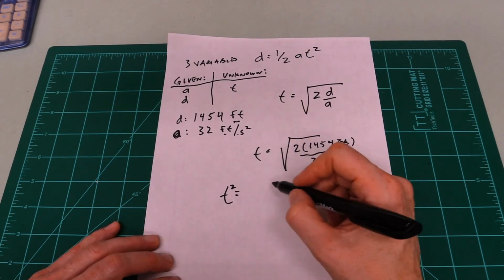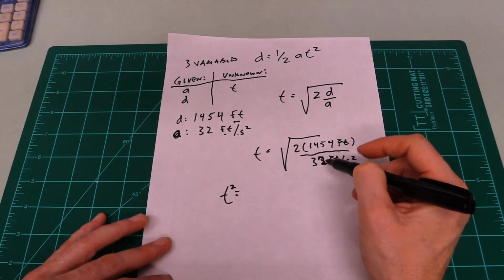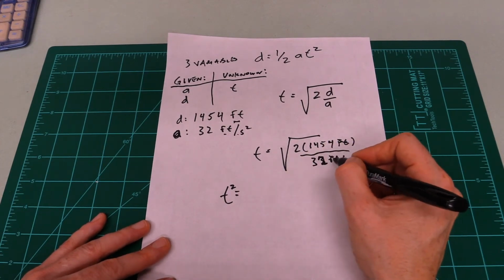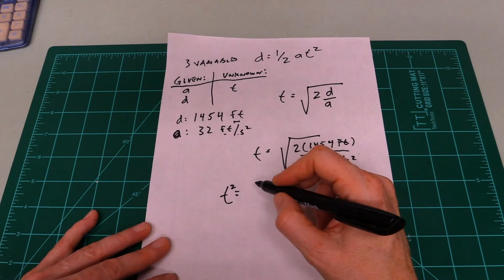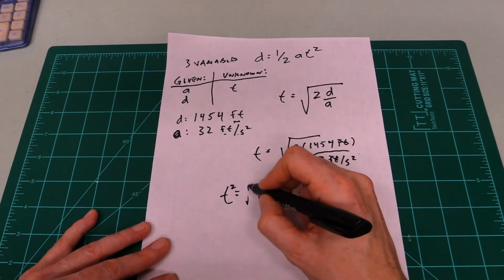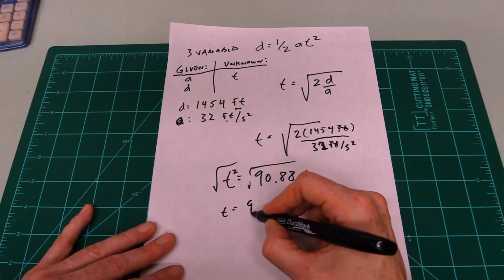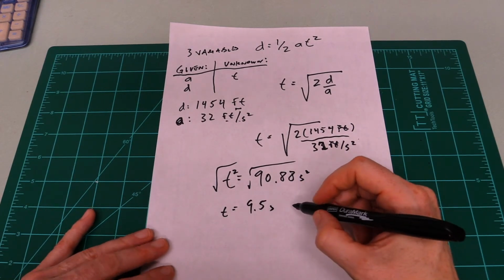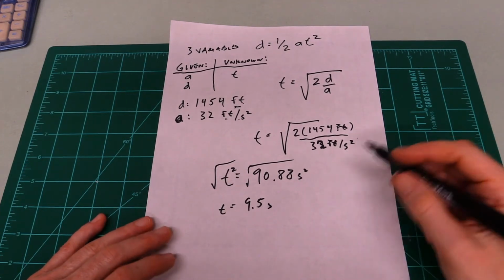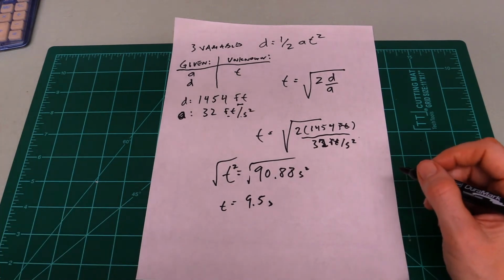If you divide 1454 feet by 16 feet per second squared, you get 90.88 seconds squared, and you take the square root of both of these, and you get t is equal to 9.5 seconds. So that's how long it takes to fall this whole 1,454 feet. Okay.